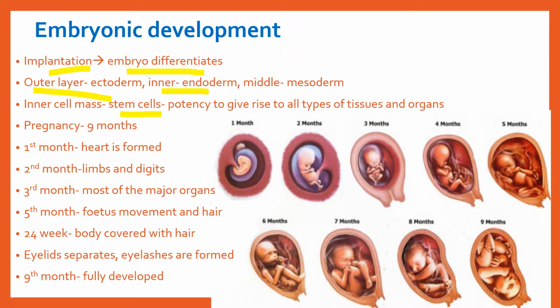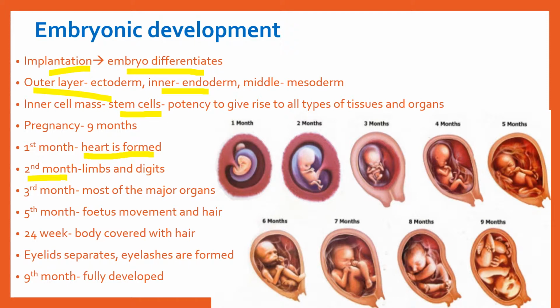Human pregnancy lasts for 9 months. At the end of the first month, the fetal heart is formed. The first sign of the fetus can be observed from the heartbeat. At the end of the second month, the limbs and digits are formed.